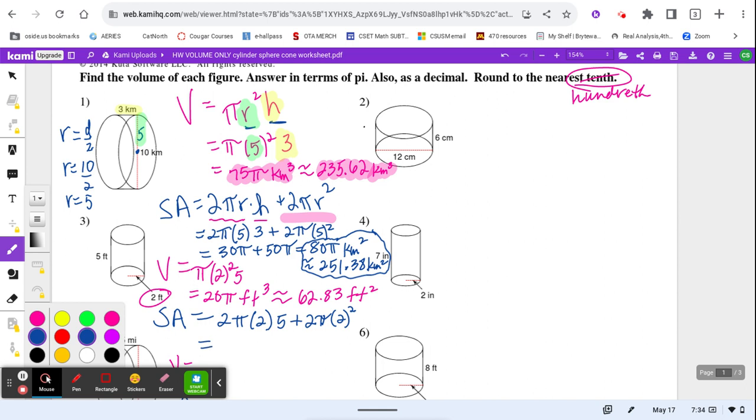So 2 times 5 is 10 times 2 is 20 pi. 2 squared is 4. 4 times 2 is 8 pi. 28 pi. Oh, I already just saw what I did wrong here. 28 pi feet squared. And then let's plug that into our calculator.